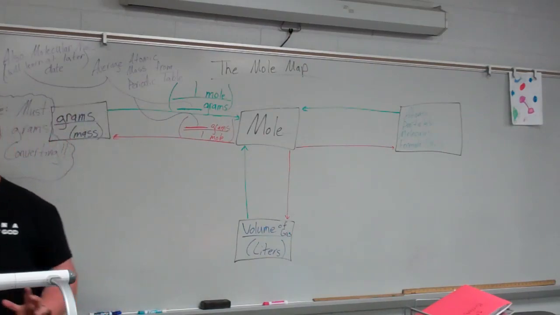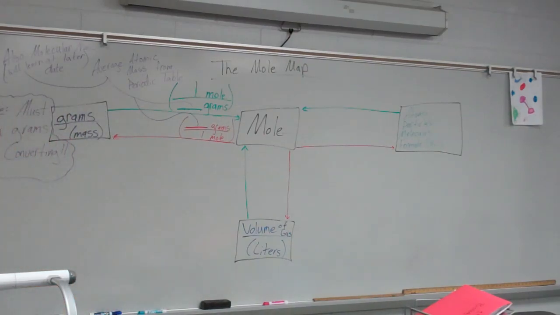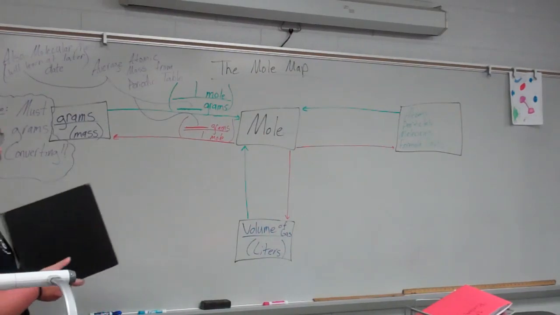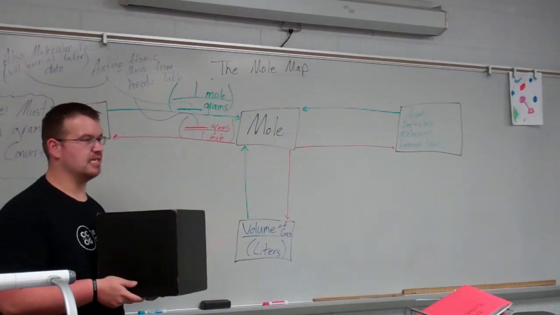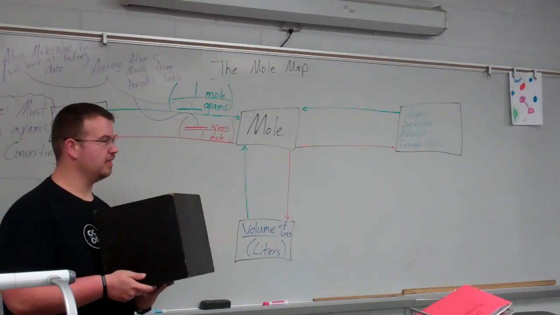Now here's the exciting part. This is why I love the mole map. I get to talk about my box. My box that somebody else purchased and was a part of this room, and I looked at it and said, this box has no meaning except for one moment in the whole class.